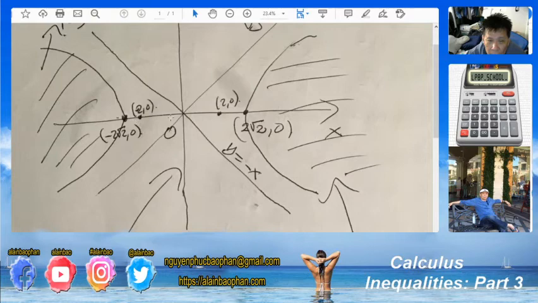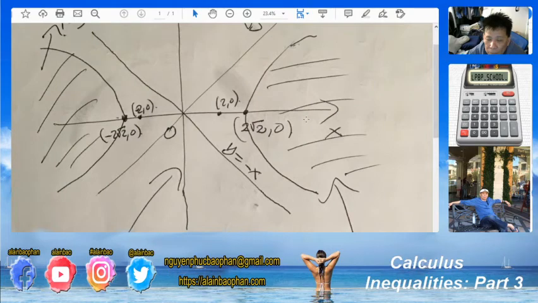And then for region 2, the middle part here, let's pick the origin, which should be an easy one, 0, 0. And then we can pick a similar point here, x equals 4 and y equals 0. It lies on the x-axis, and we put it back into the condition of the problem to test the side.